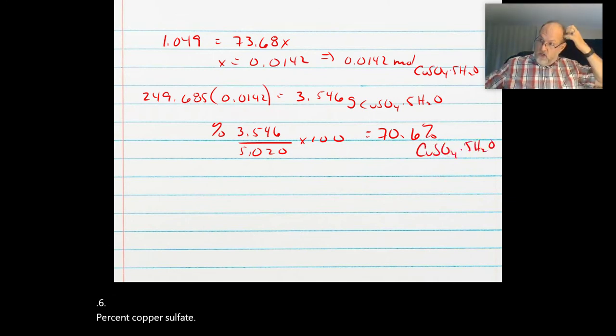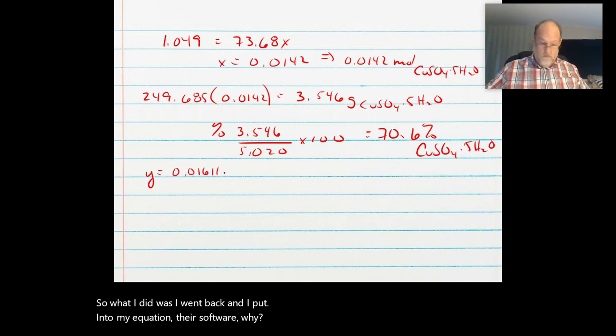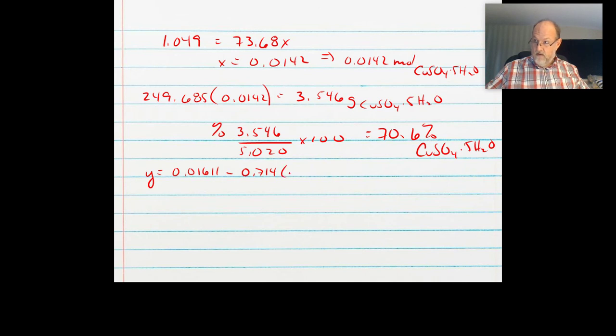Now, I just wanted to make sure that I did this right. So what I did was I went back and I put into my equation that I solved for y, for x, I put in my number of moles, which was 0.0142.